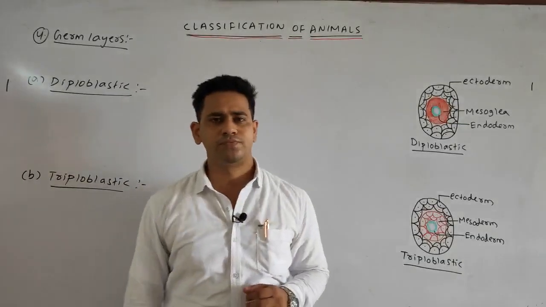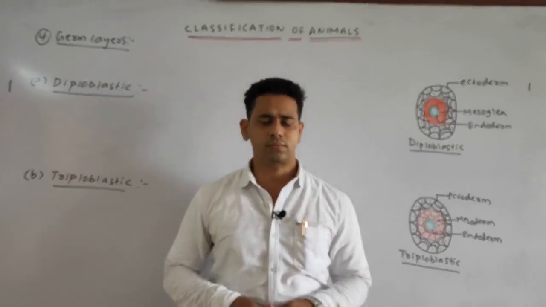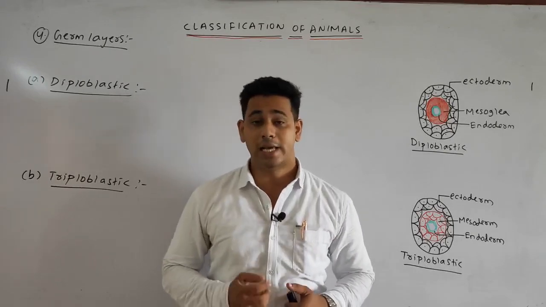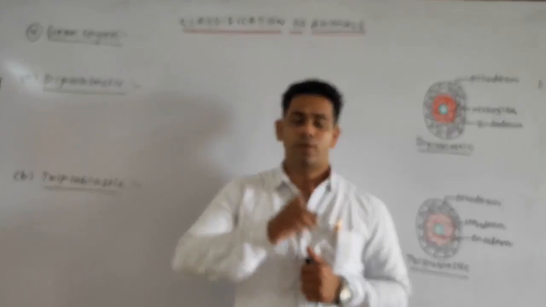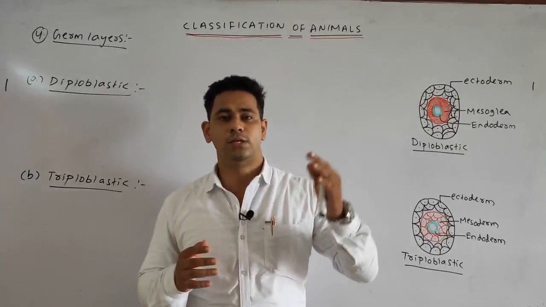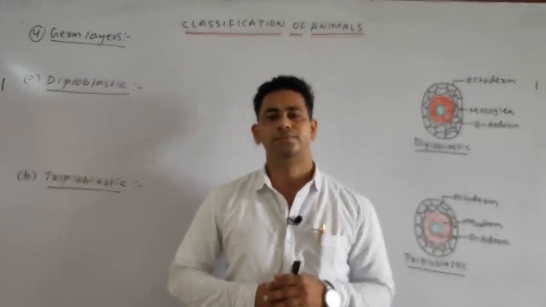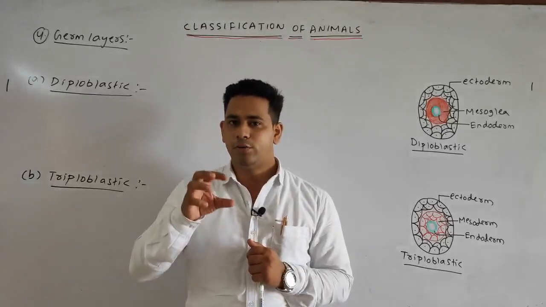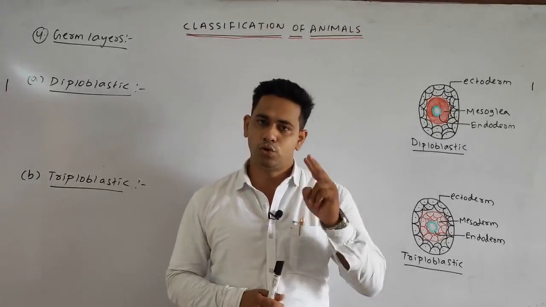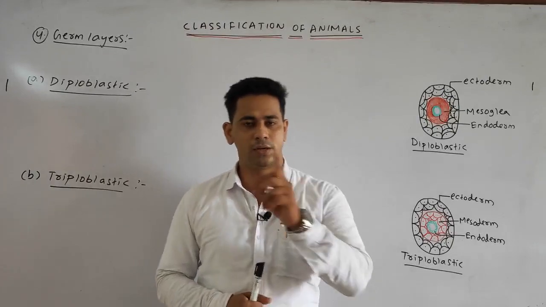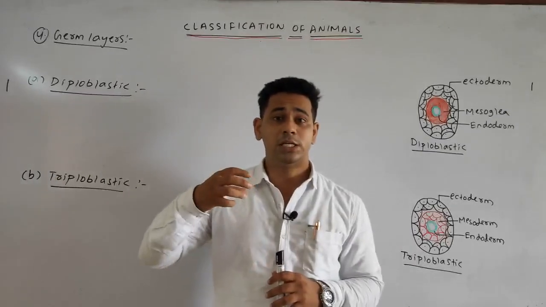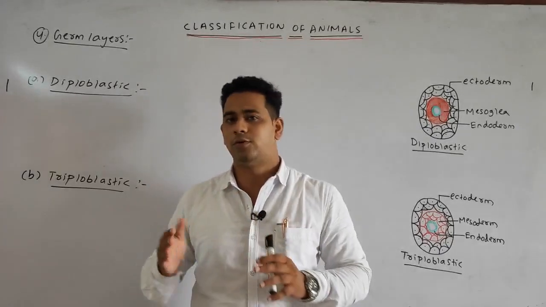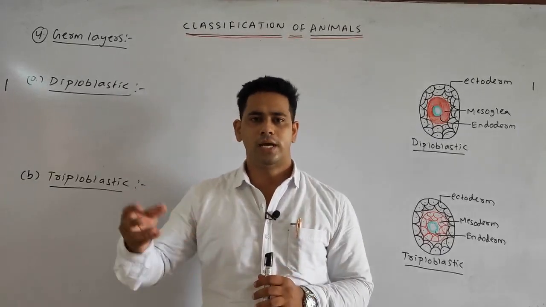Next we discussed the body plan, under which we discussed the cell aggregate plan, then the blind sac plan, in which there is only one opening which helps in both ingestion and egestion. Further we discussed the tube within tube plan, in which two openings are present, one is your mouth, another is your anus. The mouth helps in the ingestion of food and the anus helps in the egestion of undigested food particles.